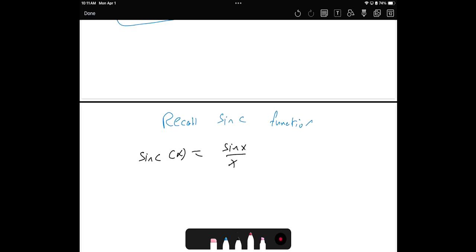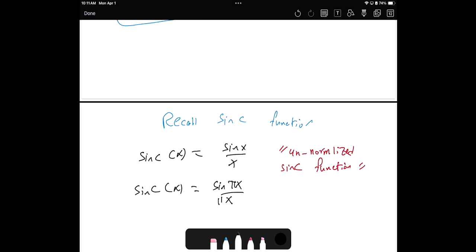This one we call the unnormalized sinc function. There is another representation of the sinc function, sinc of x, which is sine of pi x over pi x. We just included pi. And this one is called the normalized sinc function.